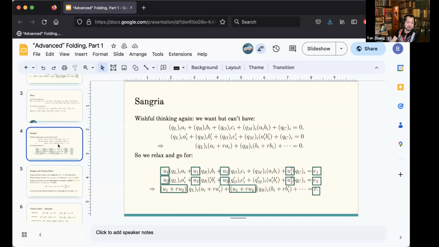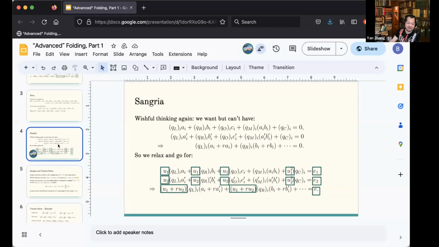Okay, so how does Sangria work? Again, it's really cool that you've seen it already, but to phrase it the same way, the thing we want but can't have is, in the form of these Q_i's, a sum of QL, QR, QO, QM, QC, each multiplied by a linear, possibly quadratic polynomial in A, B, and C. What we really want is that if you substituted their linear combined version, A_i plus r A_i prime, and so forth, it would just naturally work.